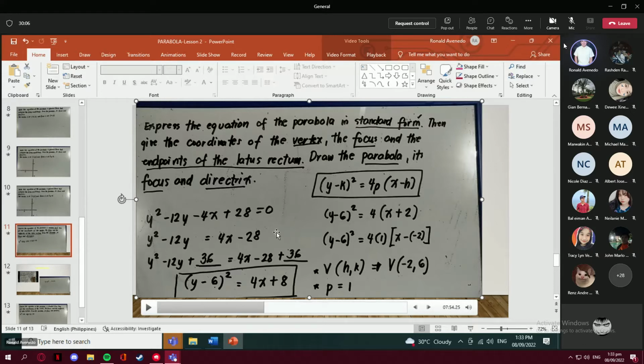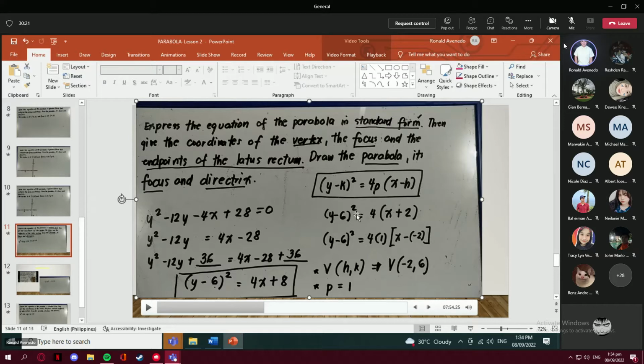Now, for us to be able to compare these two, we need to write this in terms of our guide formula. In other words, we need to factor out 4.